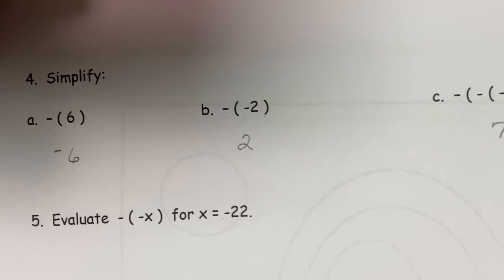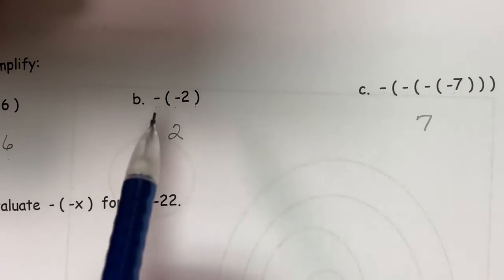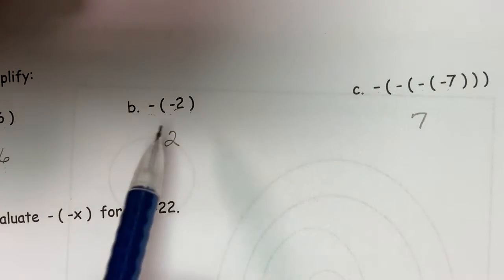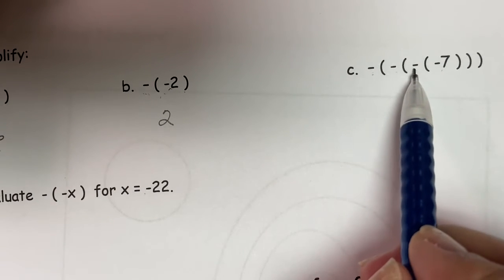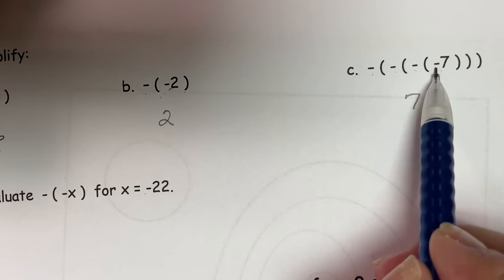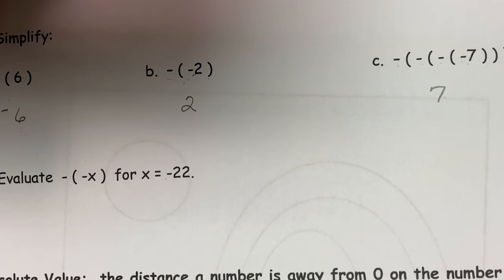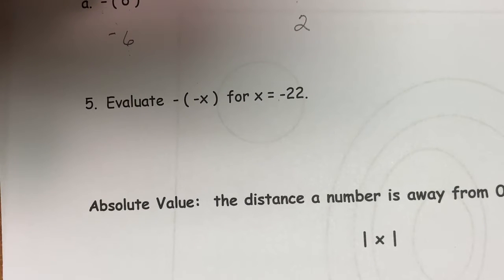If there's an even number of negative signs, then your answer is going to be positive. For example, here, there are 2 negative signs. 2 is an even number, it's positive 2. For C, there are 1, 2, 3, 4 negative signs. 4 is an even number, it's positive 7. So remember that, and that will help you.